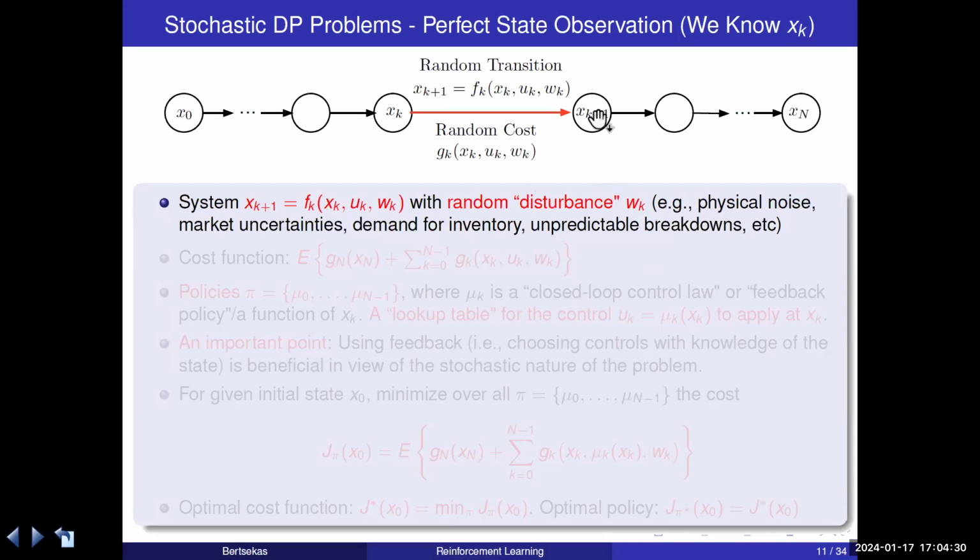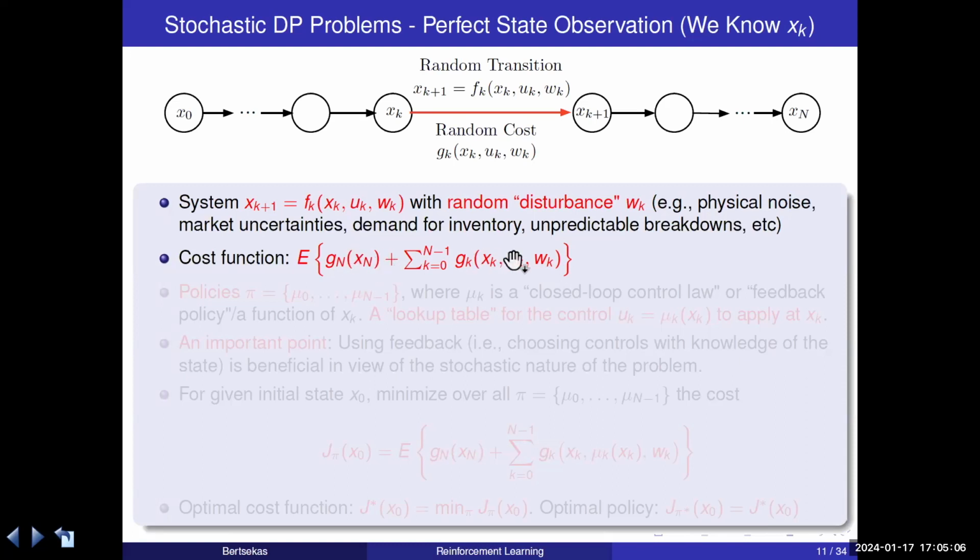So the next state is not determined by the choice of control. All we can say is that we can have a probability distribution over the next states, which is determined by the probability distribution of this random parameter. There's also a cost function. There's a cost that depends again on the random disturbance, W. And the cost is the cumulative sum of these costs plus a terminal cost like before, but there's a difference here.